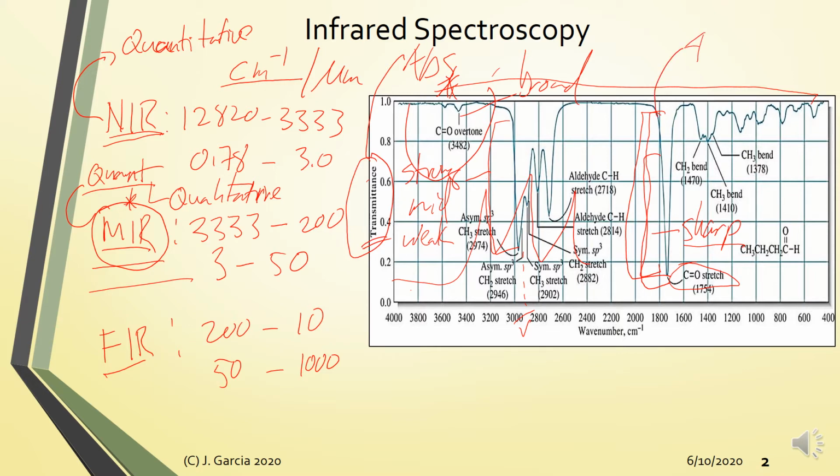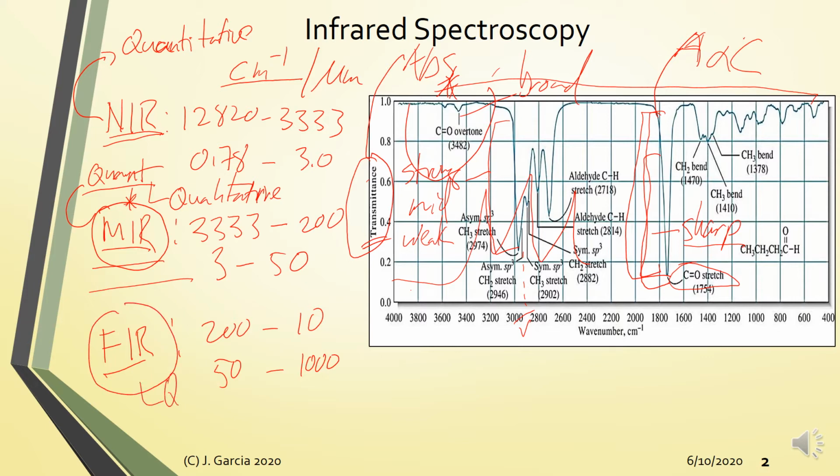And since infrared is actually absorption spectroscopy, the absorbance corresponding to a peak is also proportional to the concentration of your analyte. Now, it will also follow Beer-Lambert's law. Then lastly, you have your far infrared region.